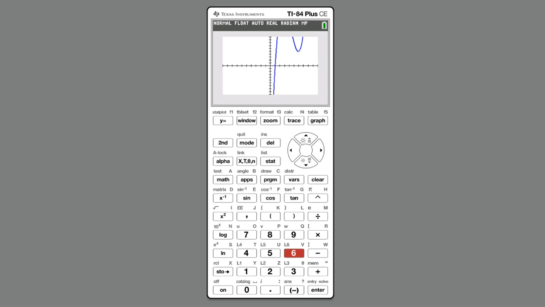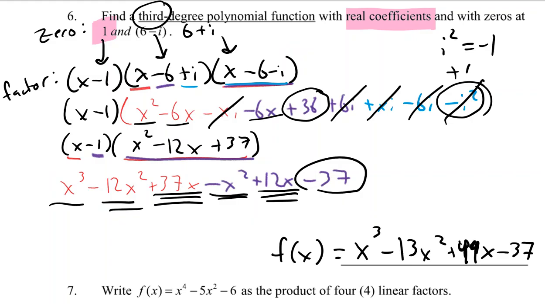So if I had mismultiplied something, if I missed a sign, then this would not be true. That would not be consistent with what it was supposed to be. So I guess that doesn't 100% check it, but very likely that the rest of it is okay. So this is like the third time now we've talked about how to change zeros into factors. So make sure you know that one as well. Okay, any questions about 6 while it's up?